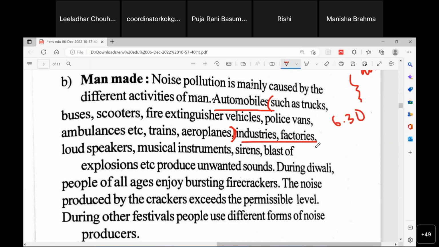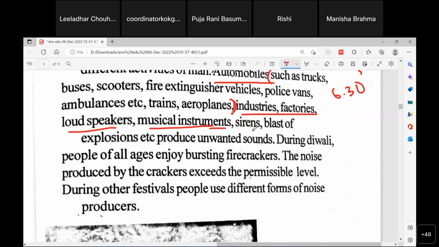Factories also have lots of machines going on and huge amounts of noise. People have to put on headphones and work inside those industries many times. Then loudspeakers and musical instruments, entertainment things. Sirens and blasts of explosions are also industrial activities that produce unwanted sound.